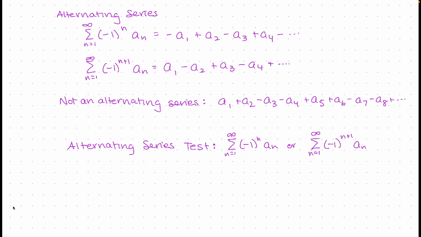But it's an alternating series. Then, if aₙ is decreasing and approaches 0, so looking at the positive part of the argument, if it's decreasing and approaches 0, the series converges.